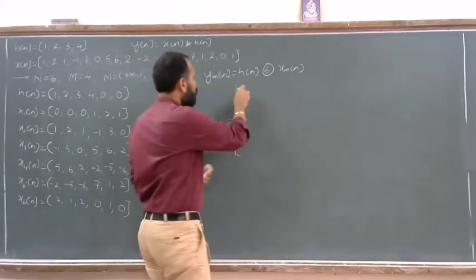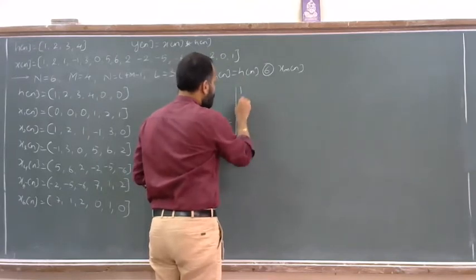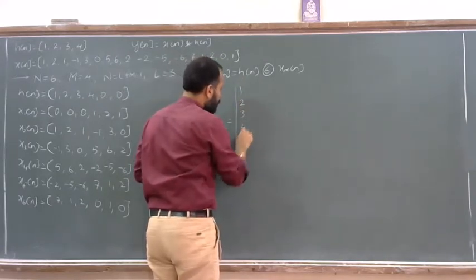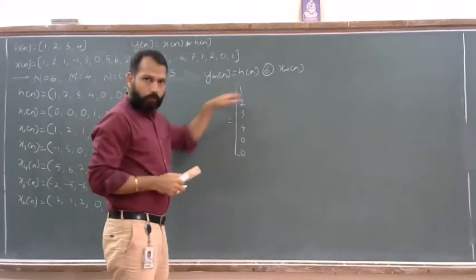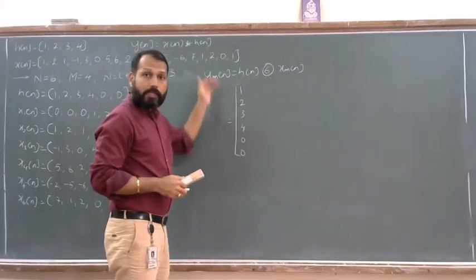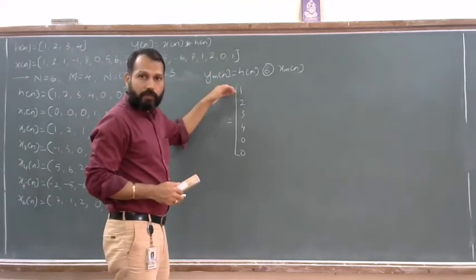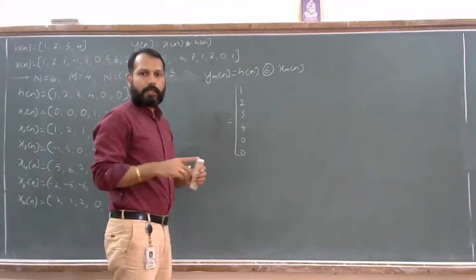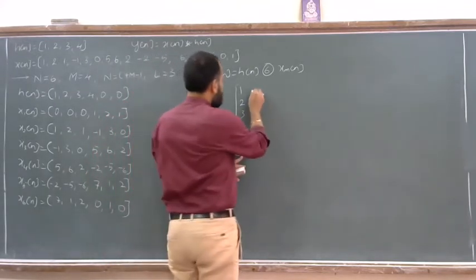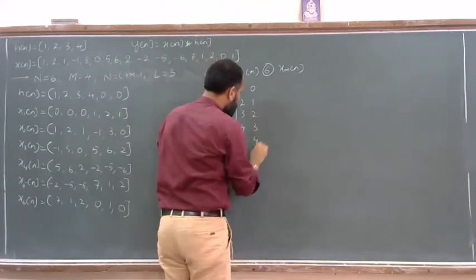So we'll write the n cross n matrix for this, and the sequence is 1, 2, 3, 4, 0 and 0. Each row in this matrix represents the time reversal or circular folding of the sequence and shift of those, the circular folding that we incorporate in the concentric circle method. Next, 0, 1, 2, 3, 4, 0.